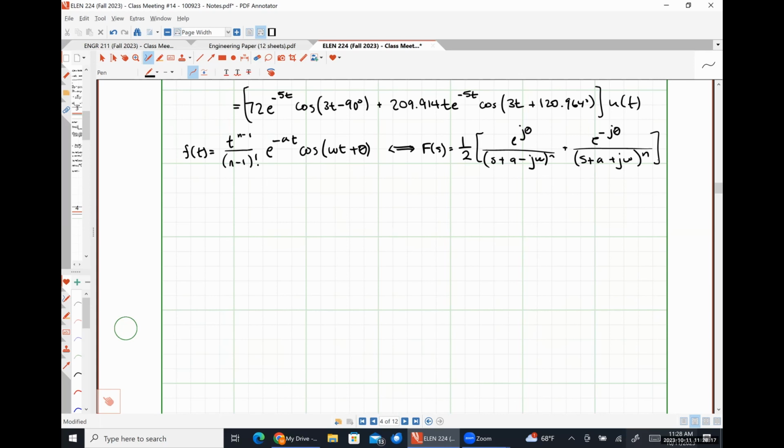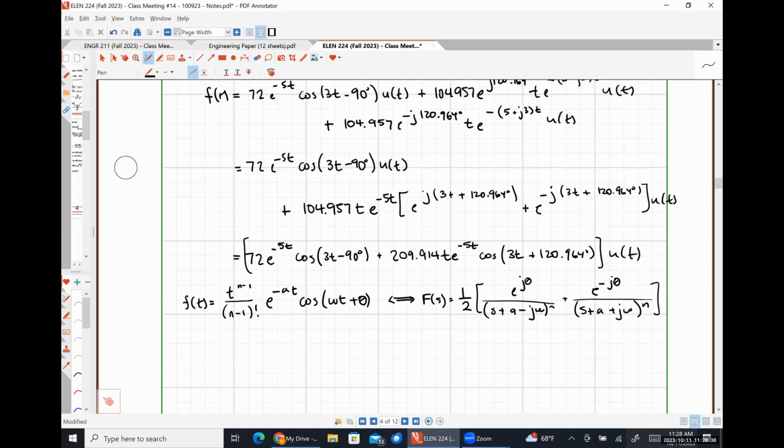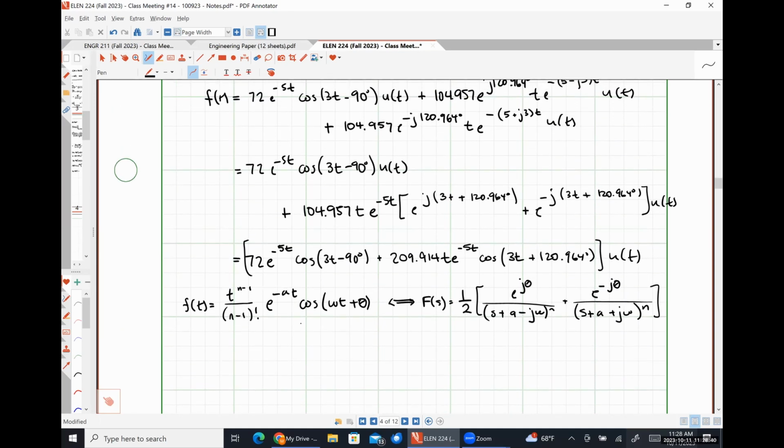E to the negative at, where a was the 5, the real part, and then our phase angle theta was this 120 business right here, and omega is the imaginary part. This guy right here.